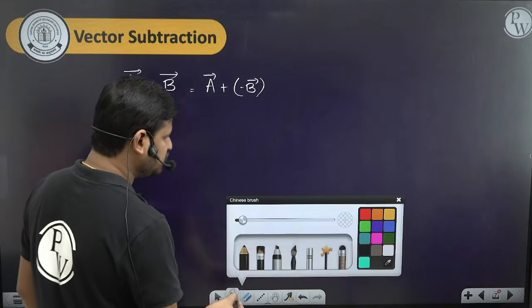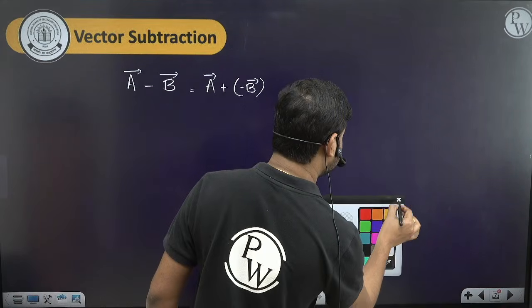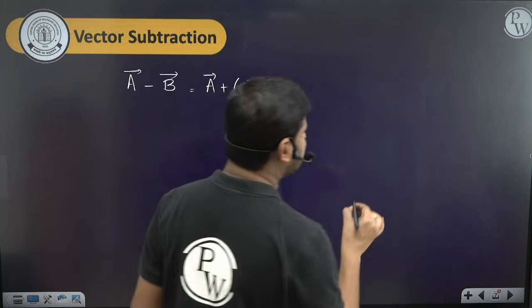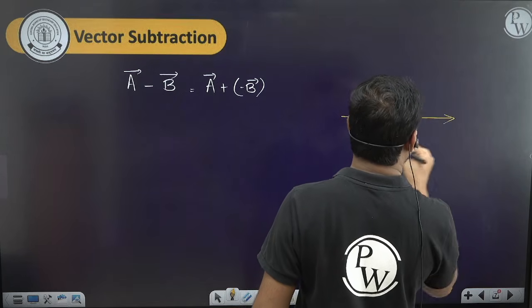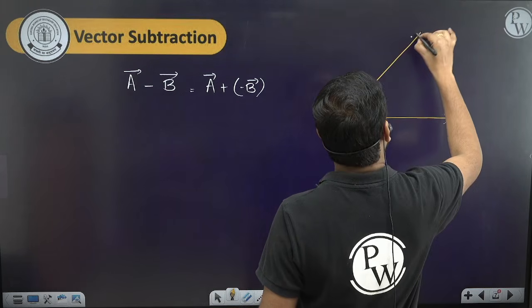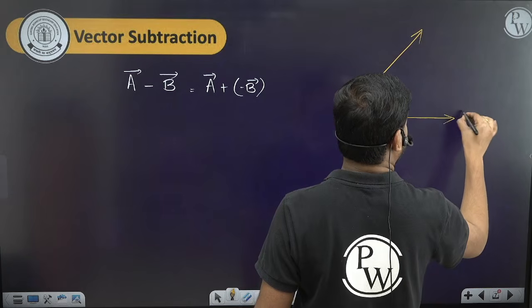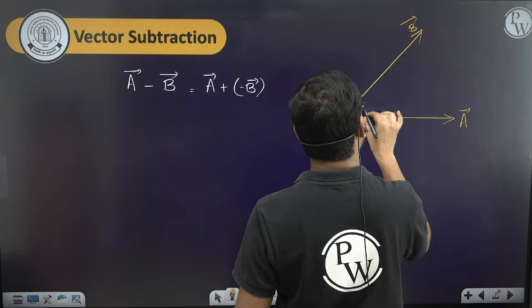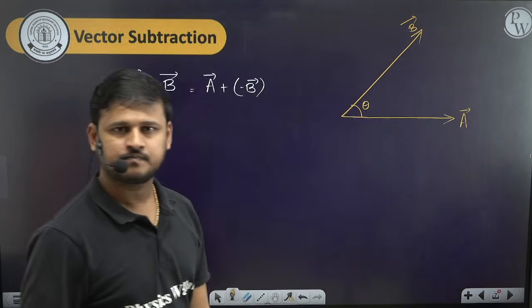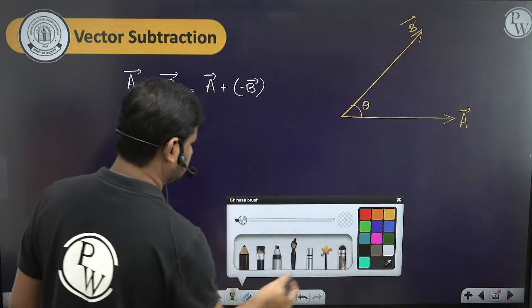So let me show you diagrammatically. Consider there are two vectors, vector A and vector B. Listen carefully. One is vector A and the other one is vector B. Let the angle between those two vectors be theta. Now see here.